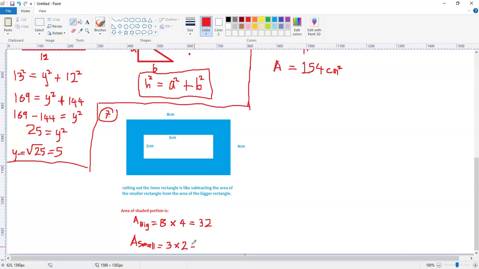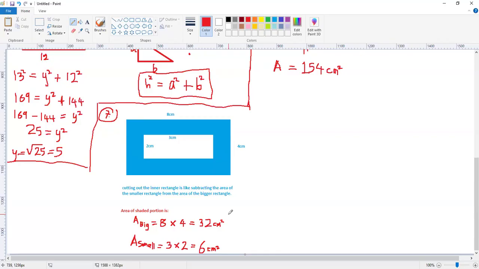And 3 times 2 will give you what? 6. Okay, so let me just put the unit since we'll soon apply them. That's going to be 6 cm squared.